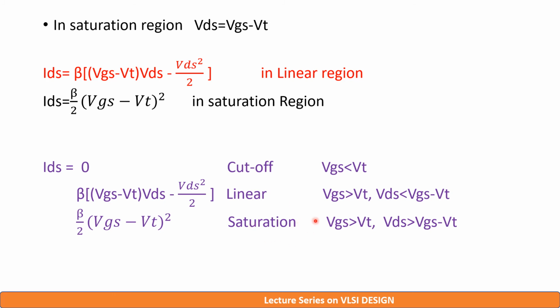Further increase in the drain voltage causes the channel to be pinched off. Hence, in saturation region, current is independent of Vds, because further increase in Vds will not increase the current IDS. IDS remains constant. Therefore, IDS is independent of Vds in saturation region.